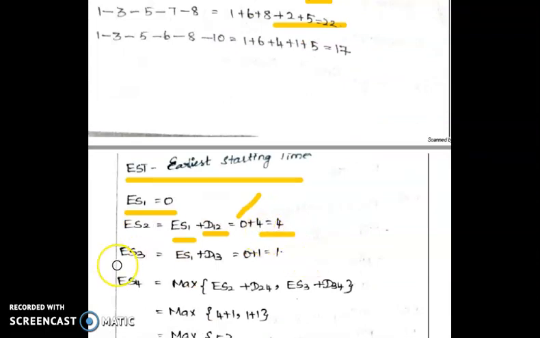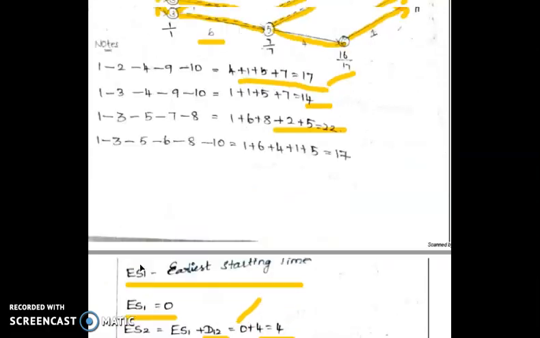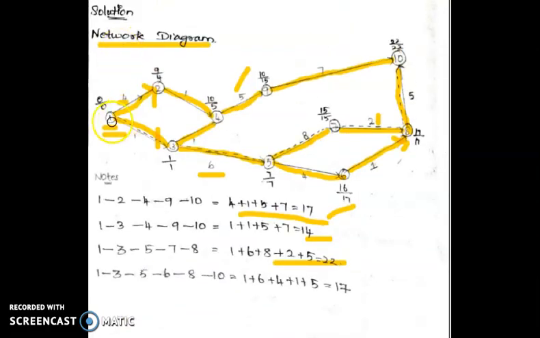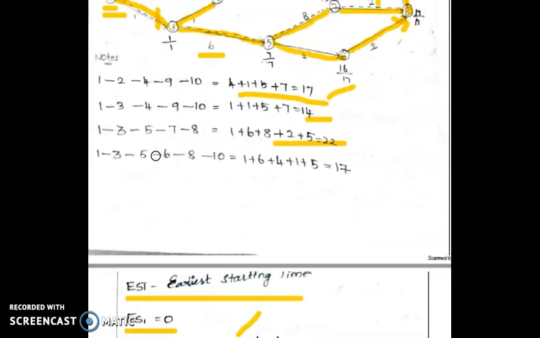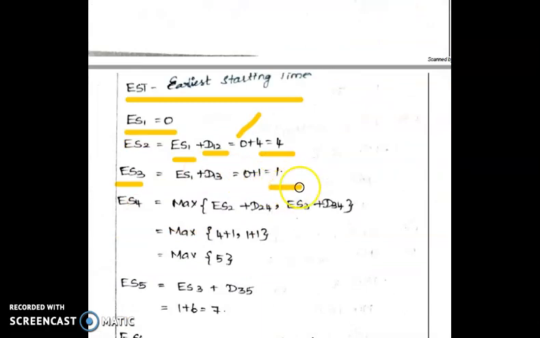Similarly, we find ES3. ES3 means 1 to 3. The starting point is 1 and D13 is 1, 0 plus 1, the value will be 1. Next we find ES4.